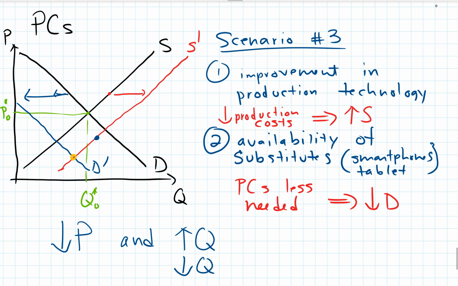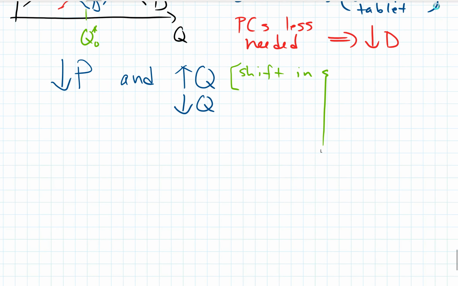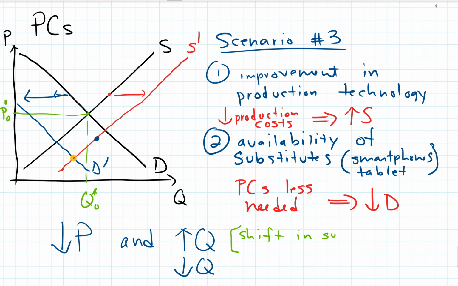We're not sure. So we can maybe write something here. The quantity will go up if the shift in supply is greater, and then the quantity will go down if the shift in demand is greater.